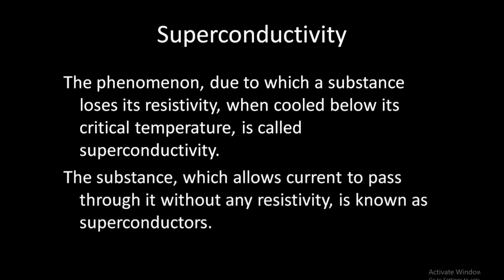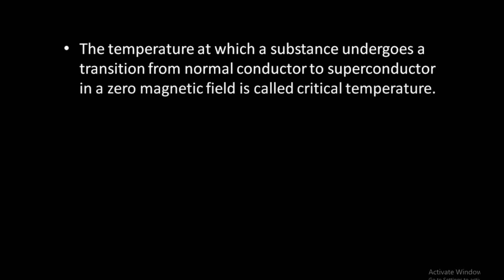The substance which allows current to pass through it without any resistivity is known as a superconductor. So superconductivity and superconductors are related: the substance in which superconductivity is there is called a superconductor. Now let's see one other point: the temperature at which a substance undergoes a transition from normal conductor to superconductor in a zero magnetic field is called the critical temperature. I think it's clear now.